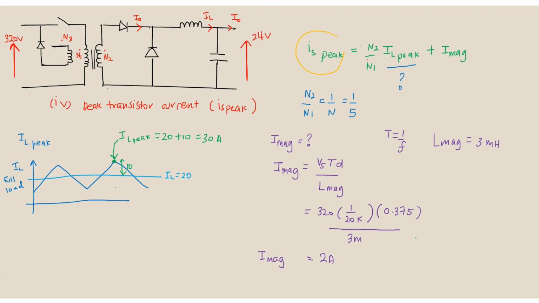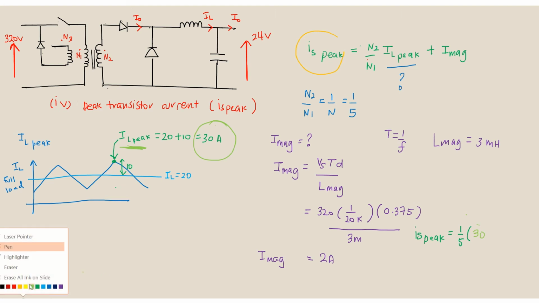Your IS peak is given as 1 over 5 times IL peak, the one that you calculated, plus I mag 2.